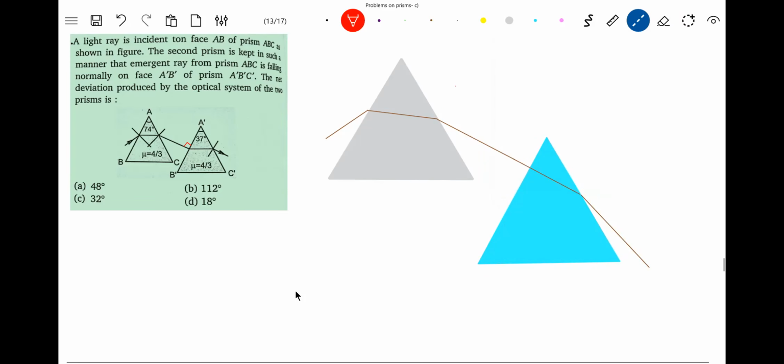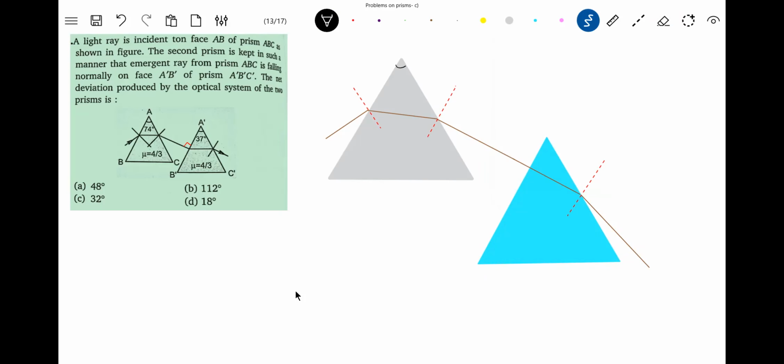If you can get the ray diagram, you'll be in a far better position. It will be very easy for you. Okay, let's get the angle of prism. This is 74 degrees, 37 degrees, mu 1 is 4 by 3, mu 2 is 4 by 3. The net deviation is produced by this. But what information we have is that this is incident normally, no?